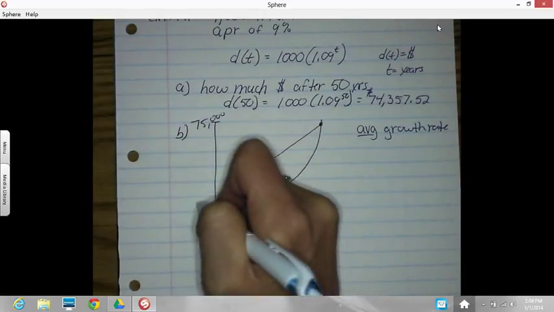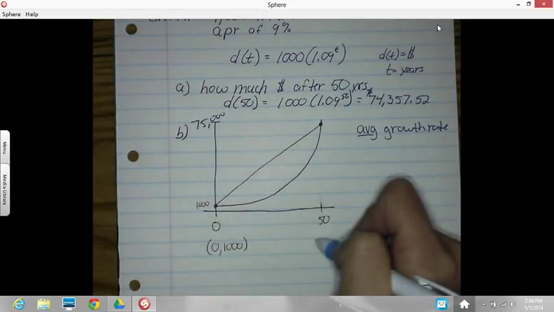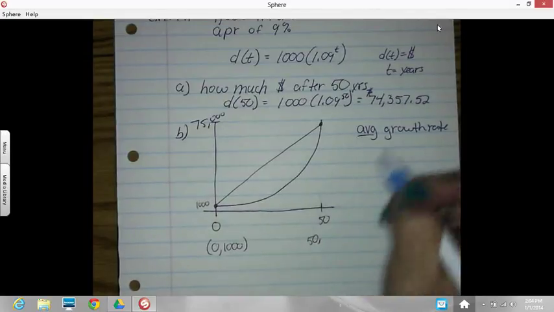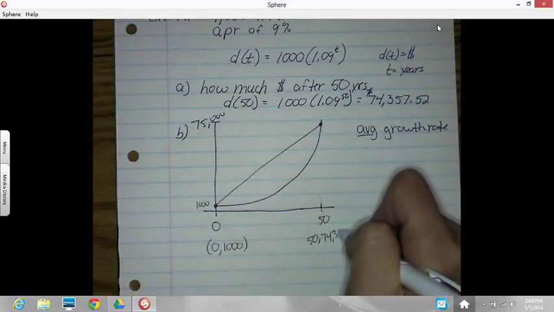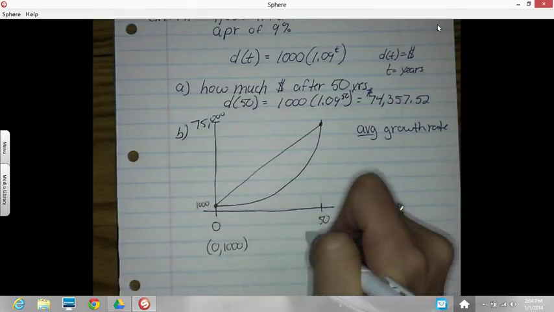So that's (0, 1,000). Then at 50, we calculated $74,357.52.